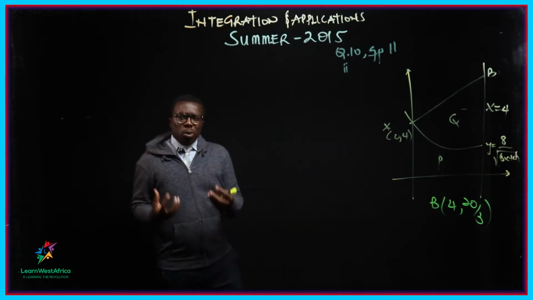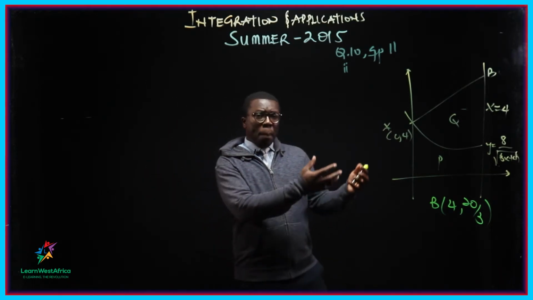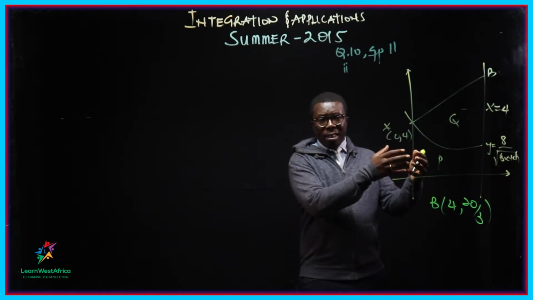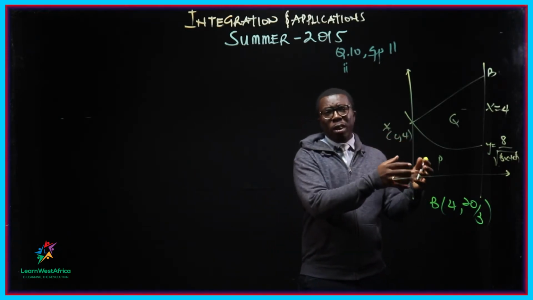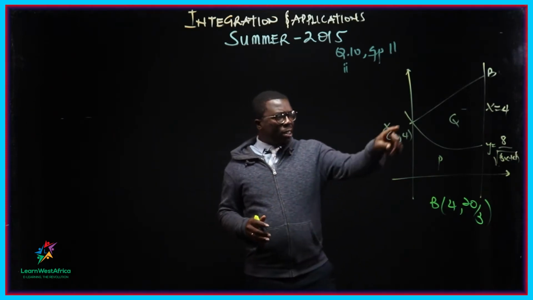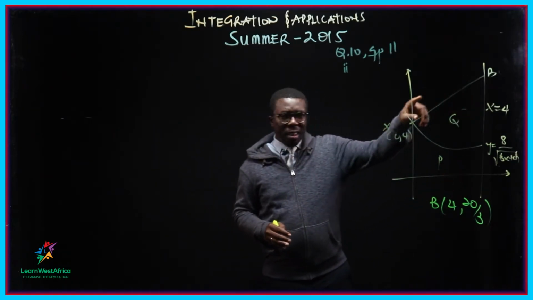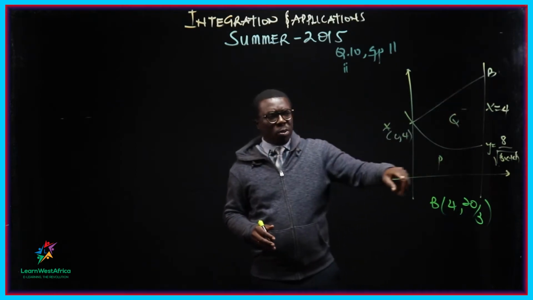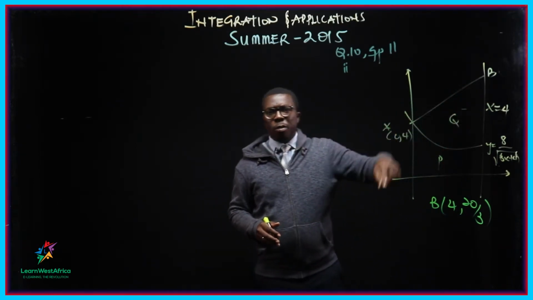So if we are to prove that the area of region P is equal to the area of region Q, look at the shape that we have here. Have you seen this shape? What kind of shape do we have in geometry? That is a trapezium.